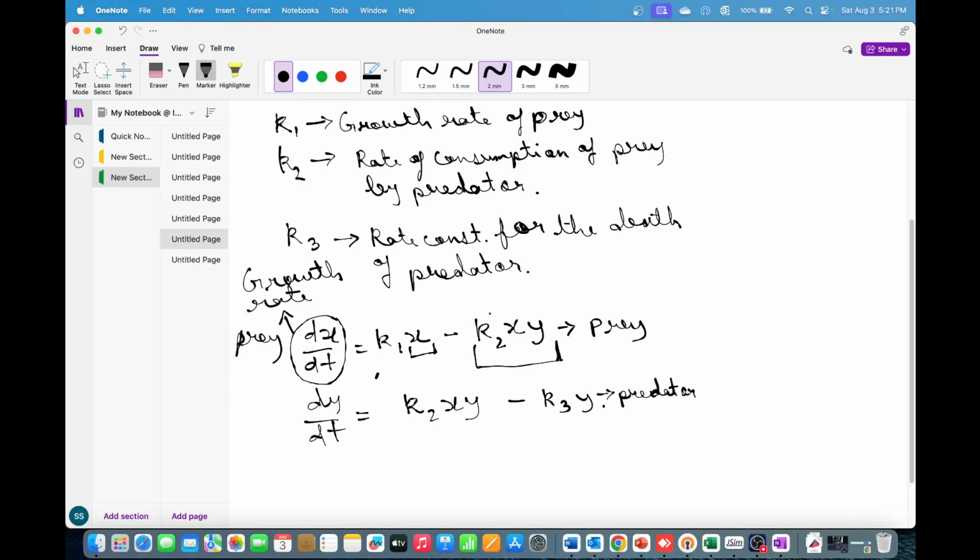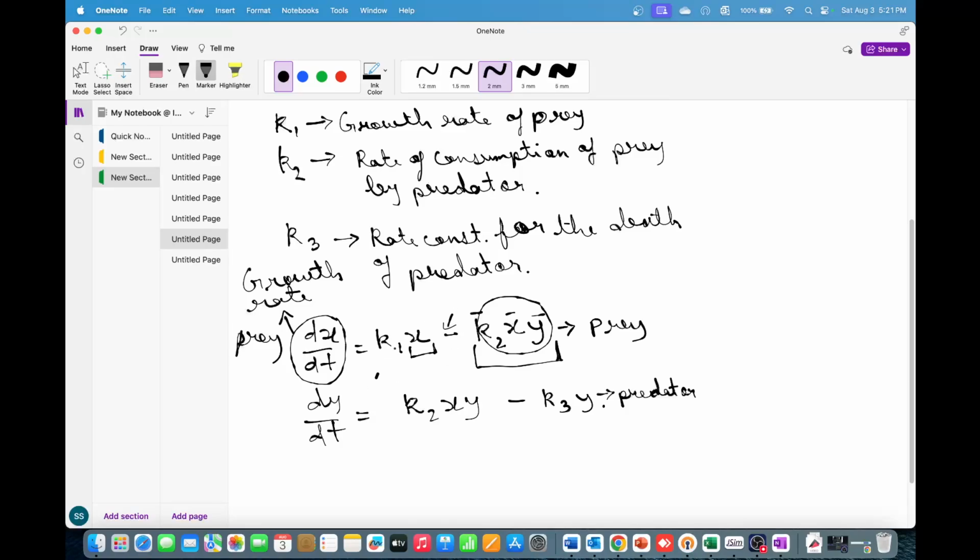Now K2 is the rate of consumption of prey by predator, and that depends both on x and y. So that's why you have K2 into xy. And why negative? Negative because this part is how much your prey is getting eaten by the predator. So this part of your equation is telling you how much prey is getting diminished due to getting eaten by the predator. So that's why that negative sign.